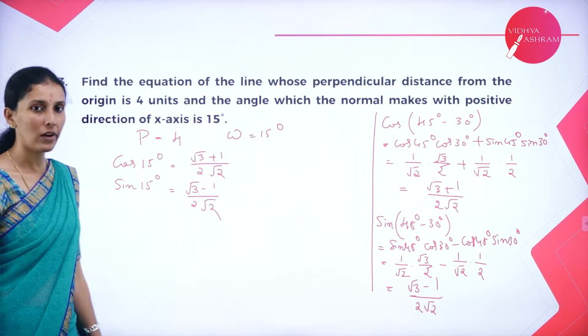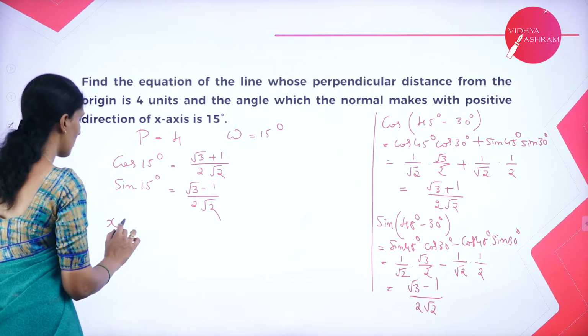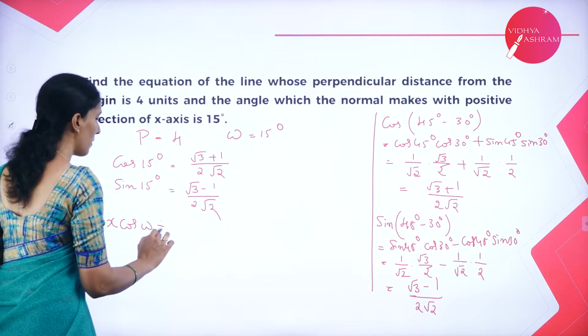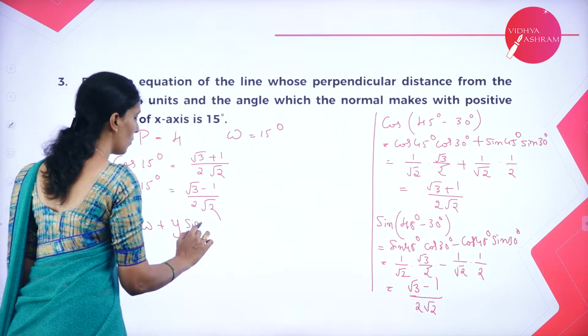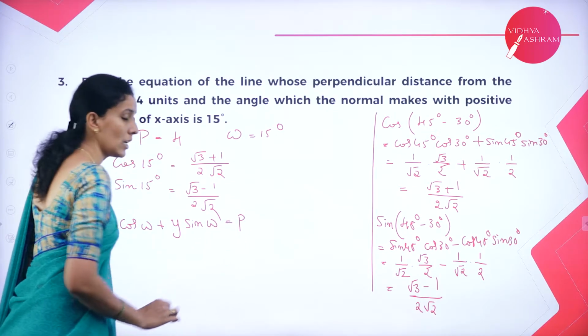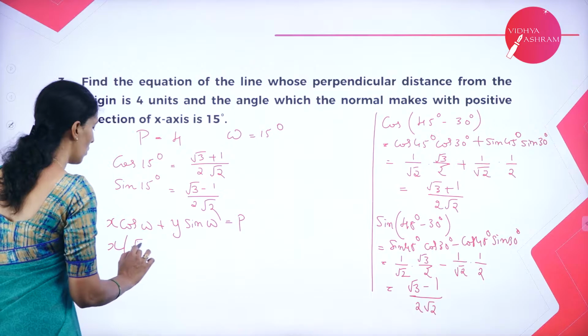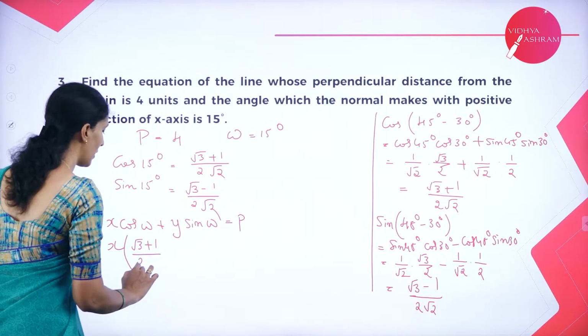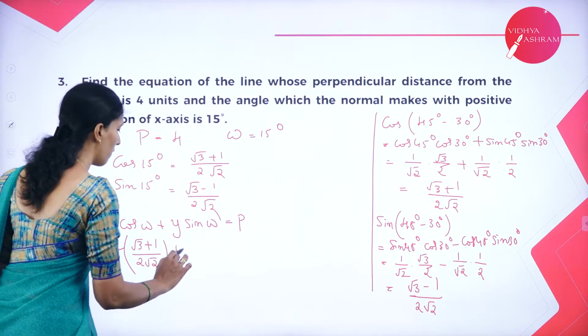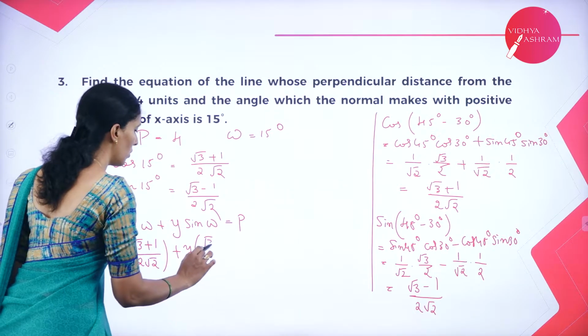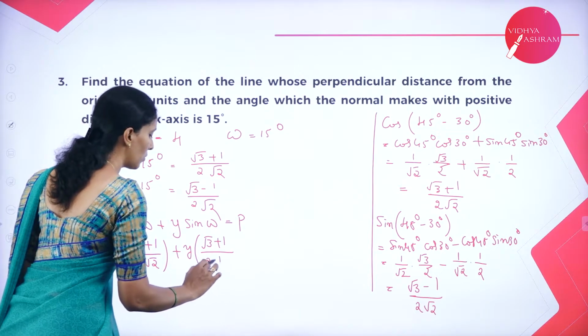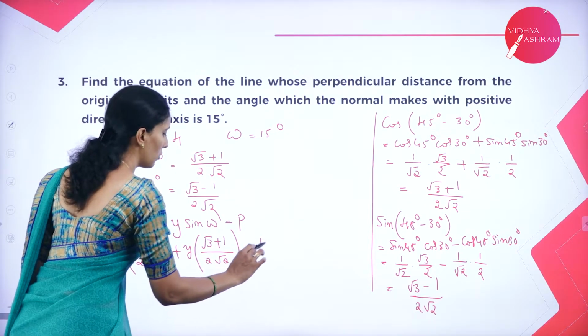Now what is my general equation? x cos omega plus y sin omega is equal to p. Substitute the values. x into root 3 plus 1 divided by 2 root 2, plus y into root 3 minus 1 divided by 2 root 2, which is equal to 4.